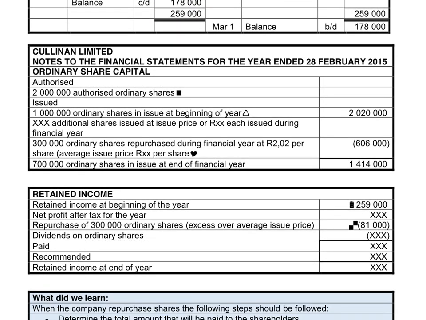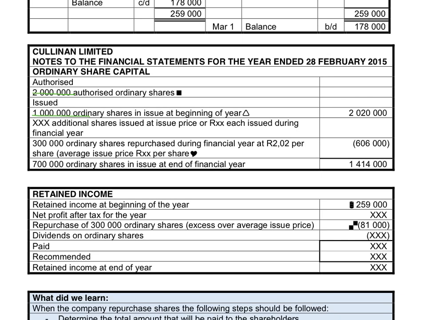If we look at the notes, we will see that the authorized share capital, the total amount that you are allowed to sell, was 2 million ordinary shares. How many were already issued at the beginning of the year? 1 million shares. That was the 400,000, 400,000, and 200,000.